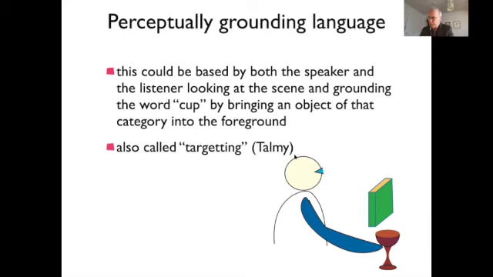Others, people like Talmy, who has worked very extensively on this, call this targeting, how you can target attention at objects described by the sentence. I'm using the term perceptual grounding, which is more typical in the robotic or artificial cognition literature.